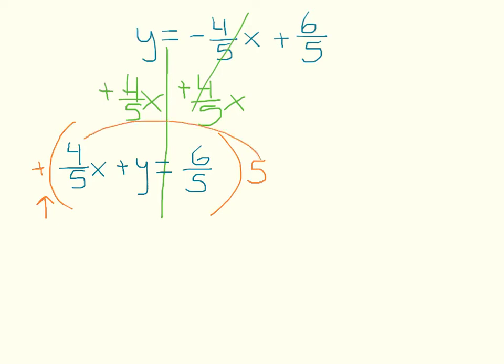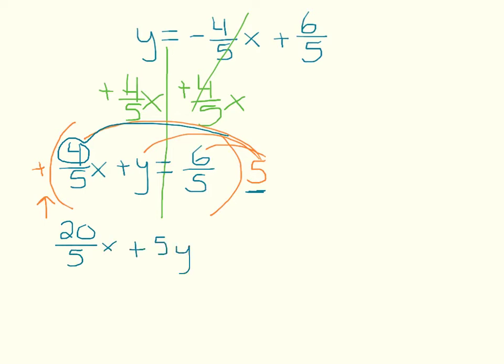So we have to multiply everything inside the parentheses. And remember, when you're multiplying an integer by a fraction, think about multiplying to just the numerator. So 5 times 4 is 20, so 20/5 x plus 5 times y is 5y equals 5 times 6/5 is 30/5.